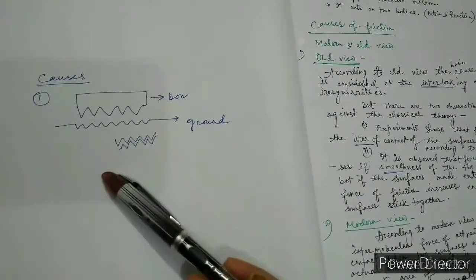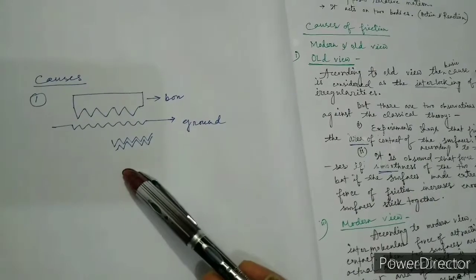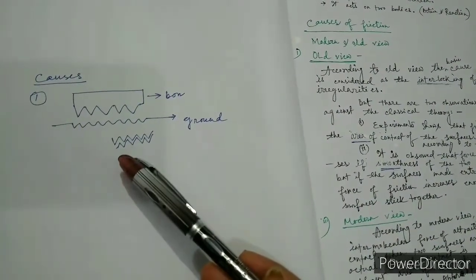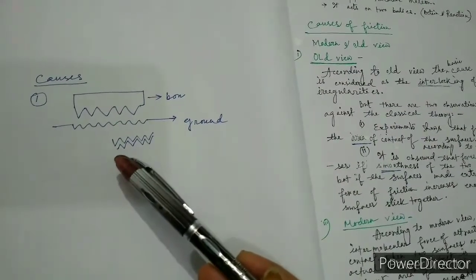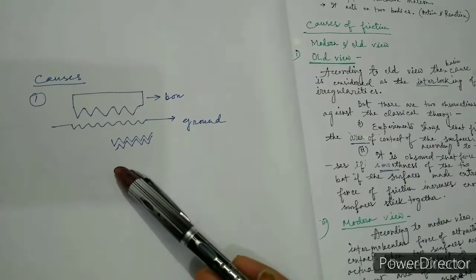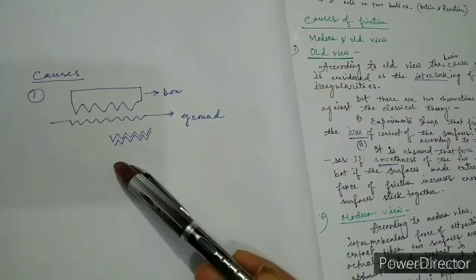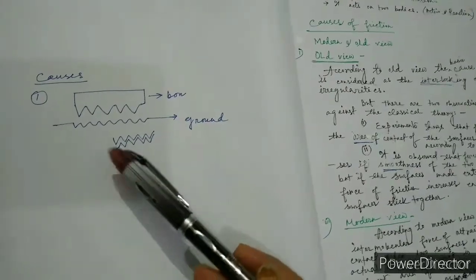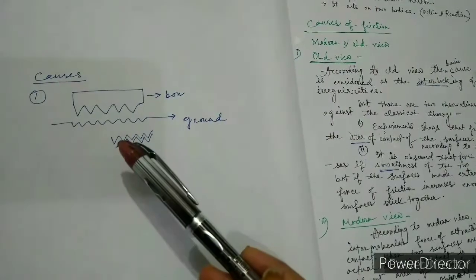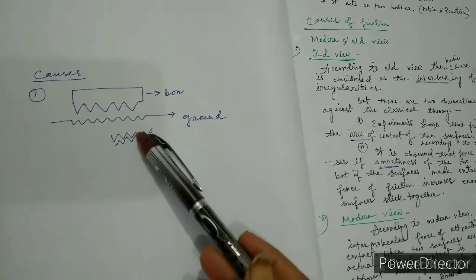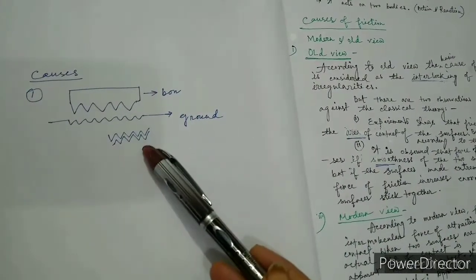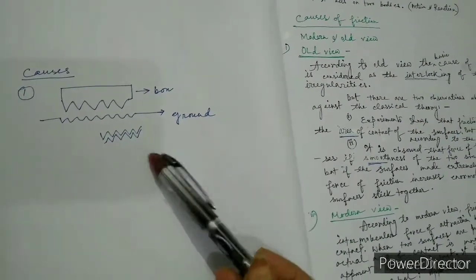At first, its friction will decrease, but when the smoothness is increased to a very high level, its friction will increase enormously, and both the surfaces will stick with each other. So these two observations are against the old view. Old view means the view of the classical theory. Okay. Now next come to the modern view.